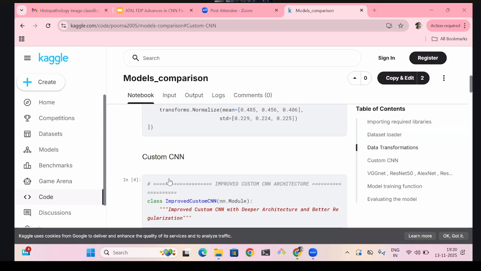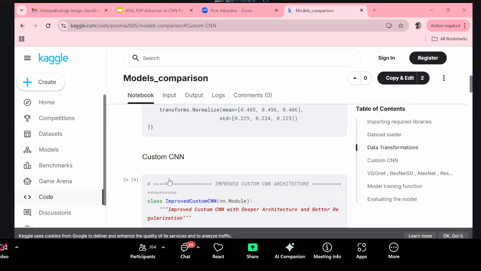Which slide do you want me to share? Types of medical images.